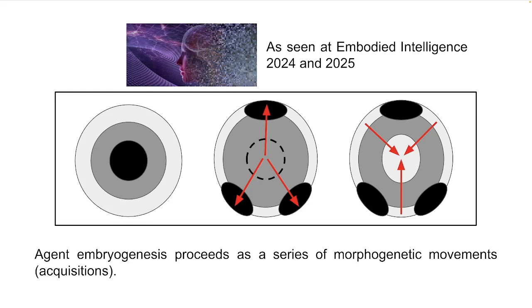In this case, we have sensors and effectors with a central nervous system, and we have these movements of the different layers of the precursor where you have the series of inductions and differentiations that form the phenotype. Eventually you'll get different agent phenotypes from this based on the different morphogenetic acquisitions, differentiations, inductions, etc. that you see. So agent embryogenesis proceeds as a series of morphogenetic movements or acquisitions.